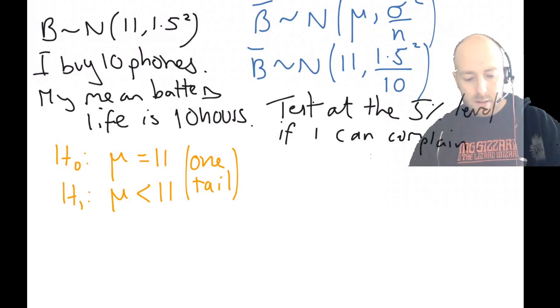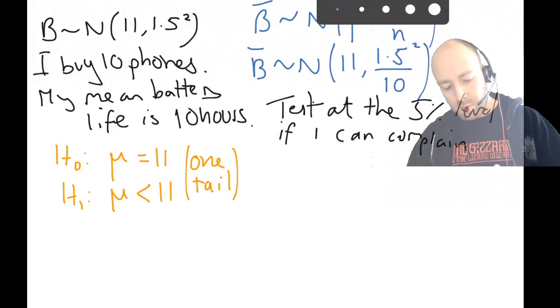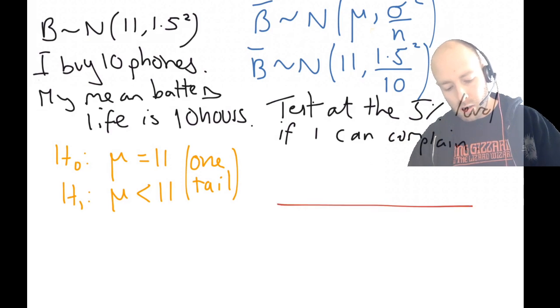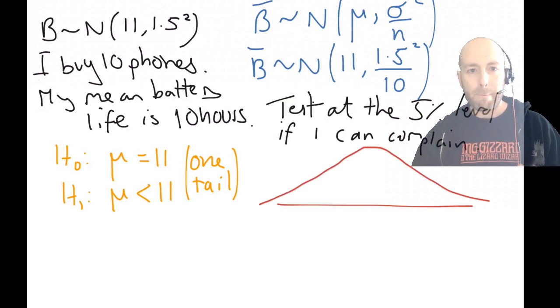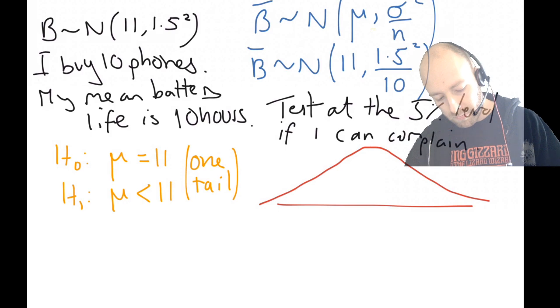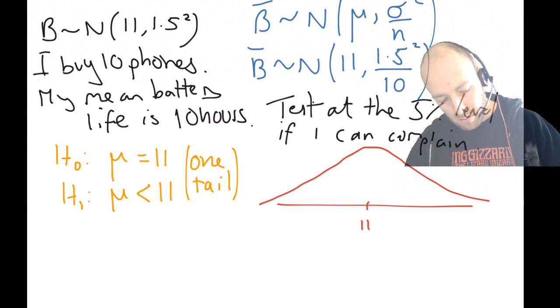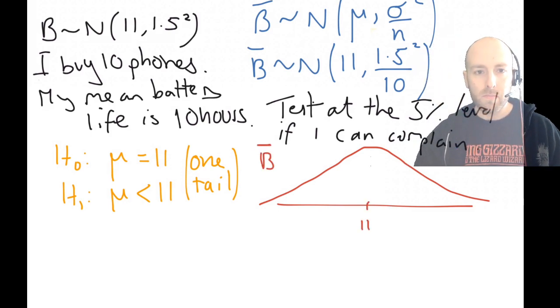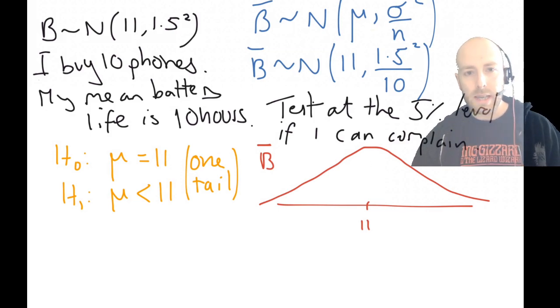All right, now the idea is if we plot our sample mean distribution with our mean of 11, so this is our sample mean distribution, we're trying to see how likely it is that my battery life was 10 hours. So we're trying to find this probability.